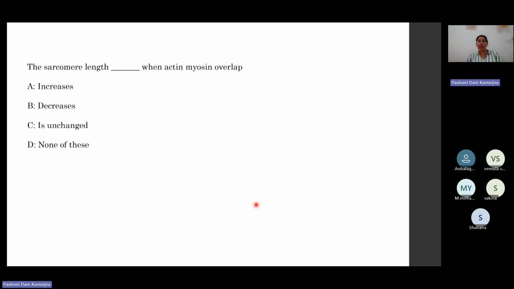So when there is an actin myosin overlap, what happens to the sarcomere length? Or in other terms, when there is muscle contraction, what happens to the sarcomere length?